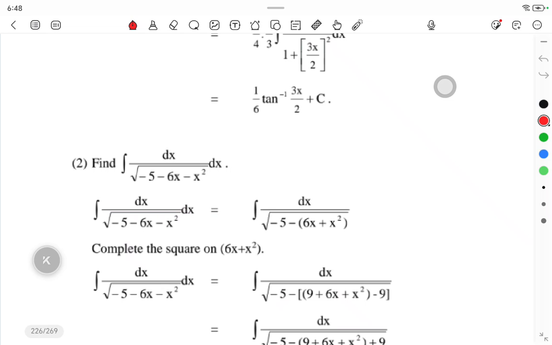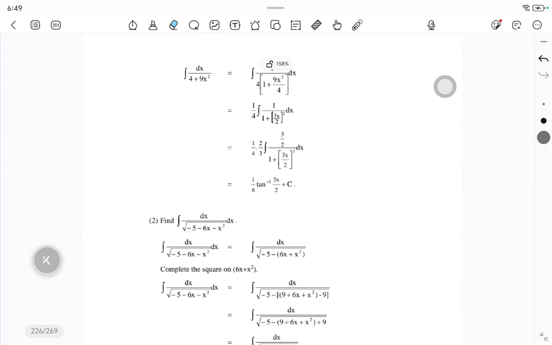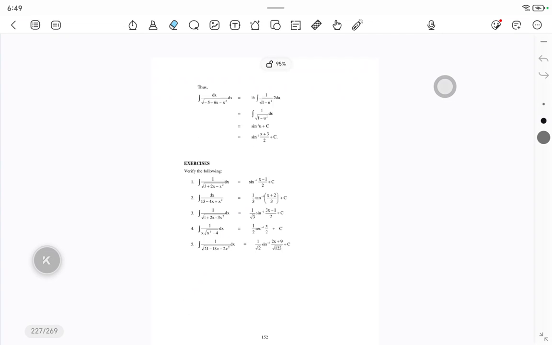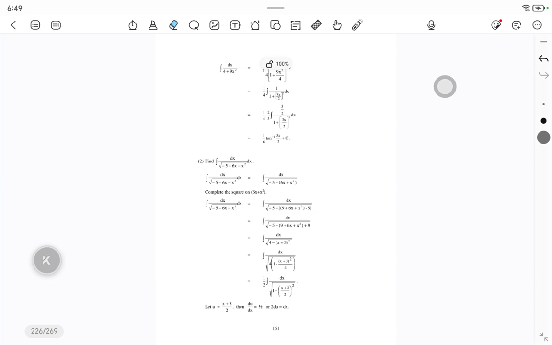We must change everything as long as we see that. So here's how we know we're going to deal with arcsine. If your x has a negative, you know already that you're going to be dealing with arcsine. So let me see, do we only have this example here?